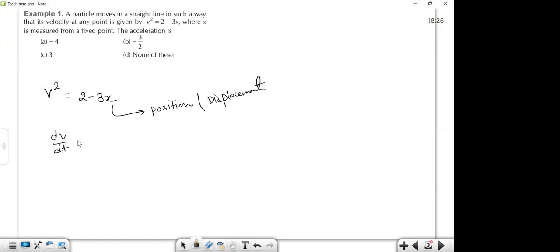As we know, acceleration is dv by dt, right? So let's differentiate this equation on both sides with respect to time. On differentiating, 2 comes ahead, v into the differentiation of v with respect to time is equal to, 2's differentiation with respect to time is 0, minus 3x's differentiation is 3 into dx by dt.